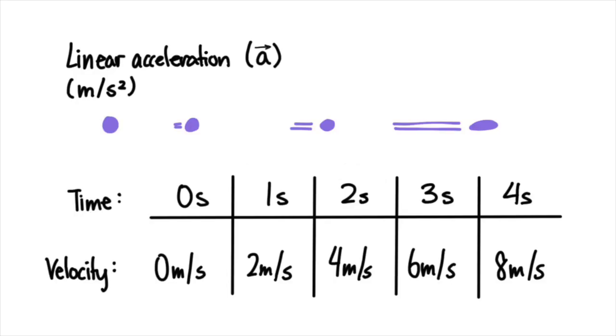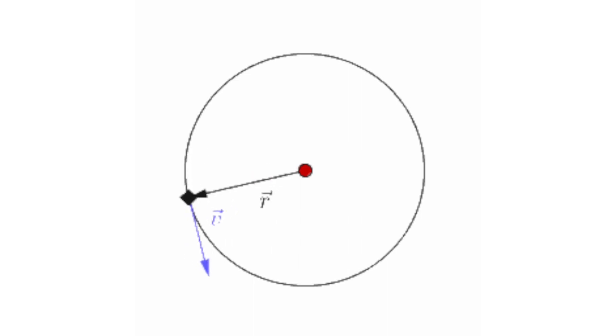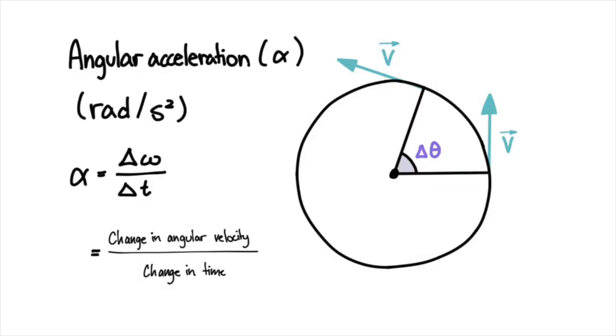Linear acceleration measures the change in velocity over time and is expressed in units of meters per second squared. Similarly, angular acceleration measures the acceleration of a rotating object and is expressed in units of radians per second squared.